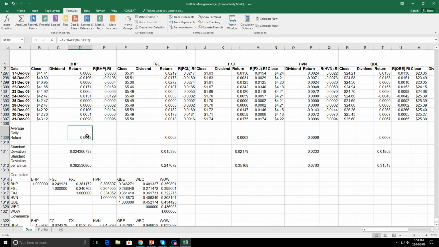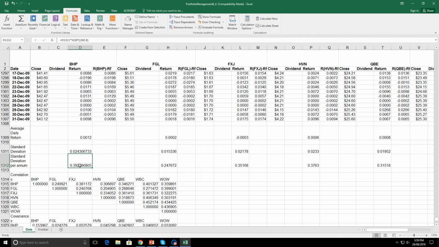In the same way, if we want to convert our daily variance into an annual variance, we will multiply the daily variance by the number of days in a year. However, if we want to convert daily standard deviation, for example this one, to an annual standard deviation, we do not simply multiply the daily standard deviation by the number of days in a year. We have to multiply it by the square root of the number of days in a year.